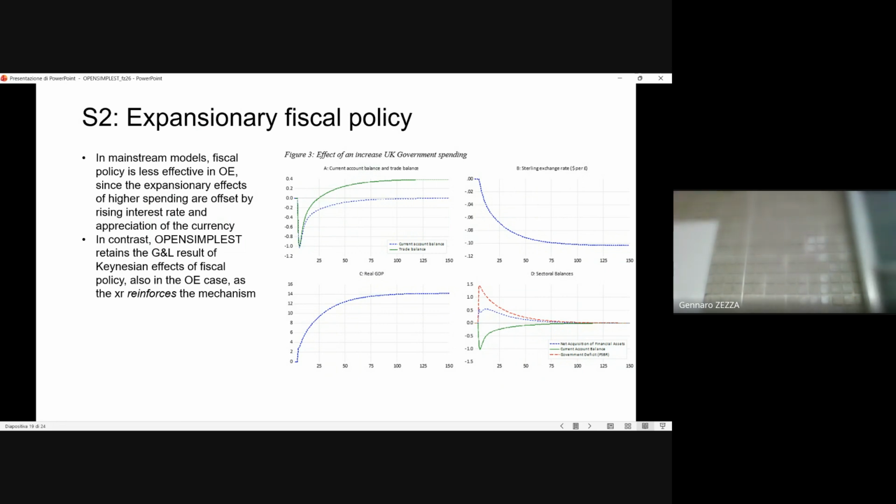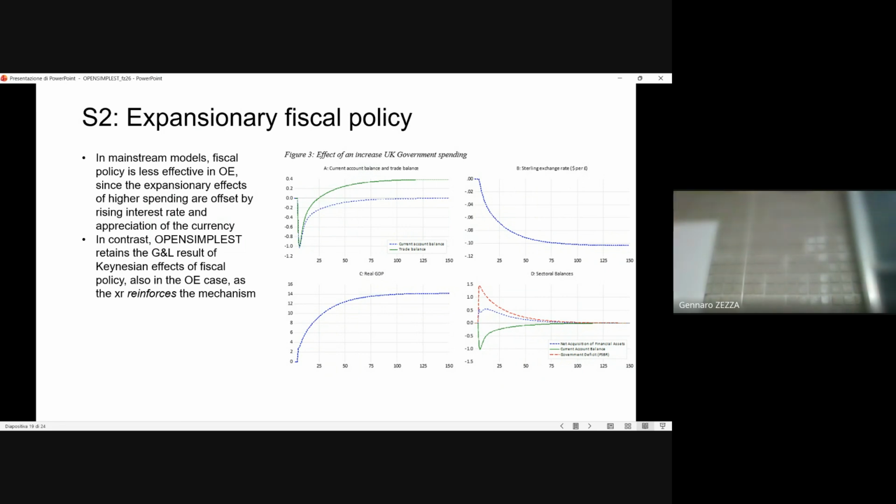Why? Because in the mainstream model, the effects of higher spending are usually offset by higher interest rates, which imply an appreciation of the currency, but this does not happen in this simple SFC model.